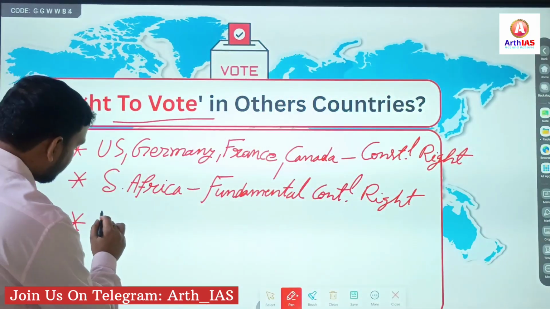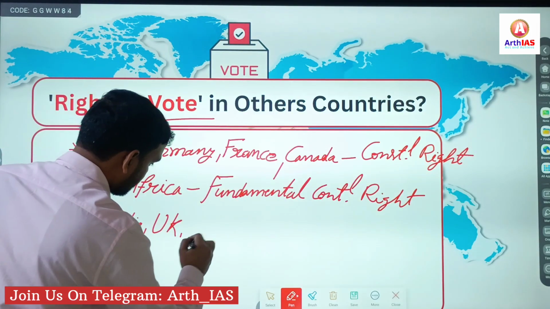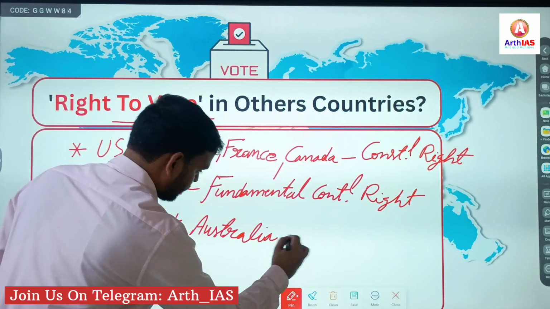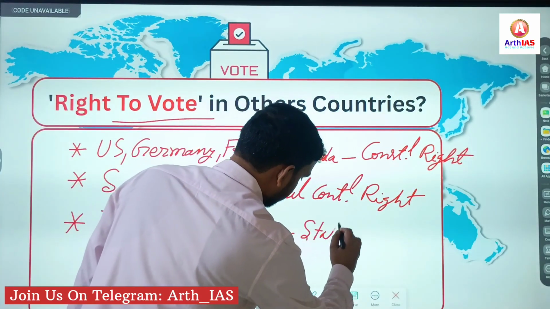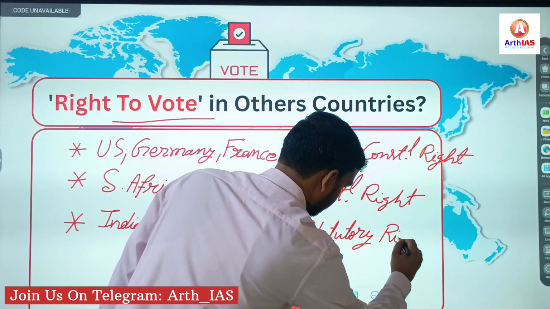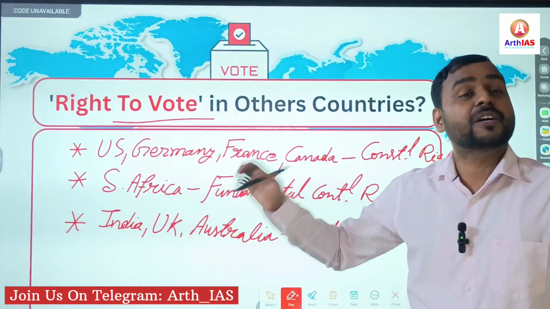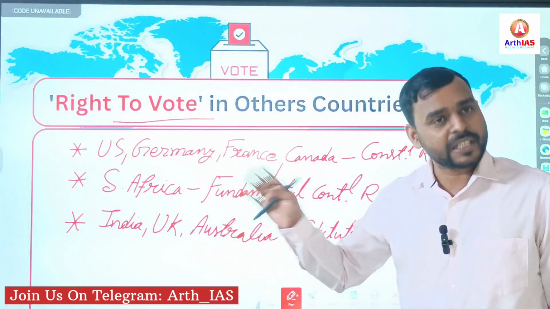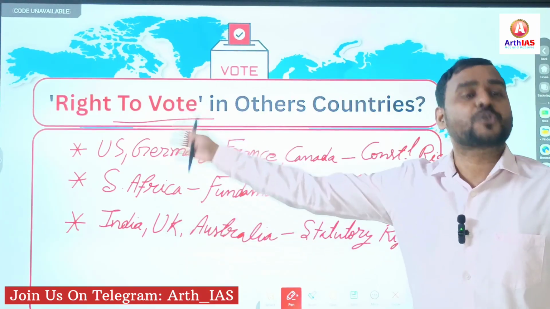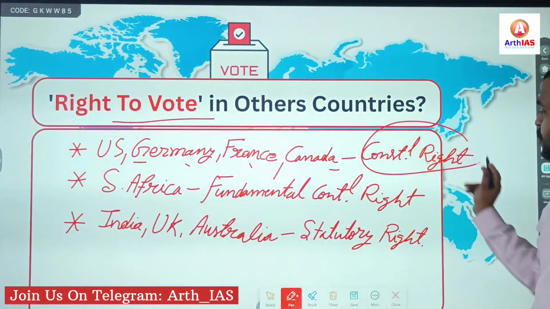Now, other countries like India, Australia, UK, where it is currently a statutory right. So here I am again writing India, UK, Australia: it is a statutory right. Clear? So we have seen the constitutional provisions and statutory provisions in India, and we have compared other constitutions. In the US, Germany, France, Canada, it is a constitutional right.